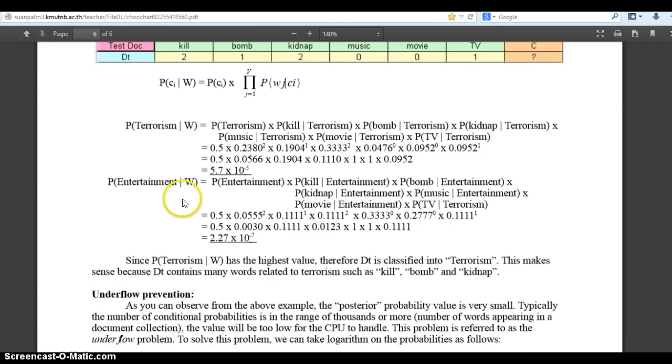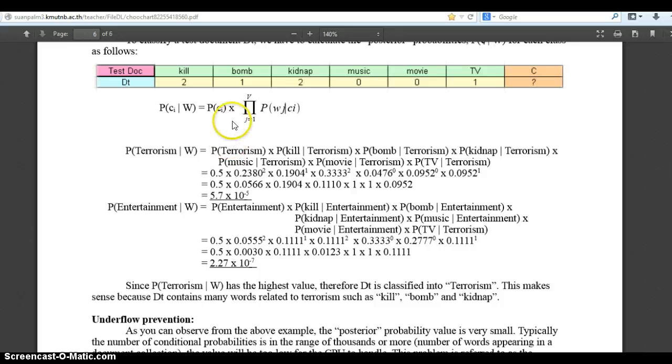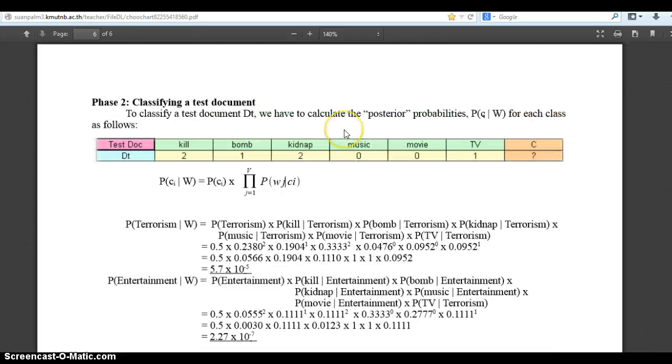When you do the multiplication, you get this value for the posterior, and for the posterior of entertainment, given the test document, you get this value. So obviously this value here for the posterior of terrorism is higher, so the test document will be classified as a terrorist class.